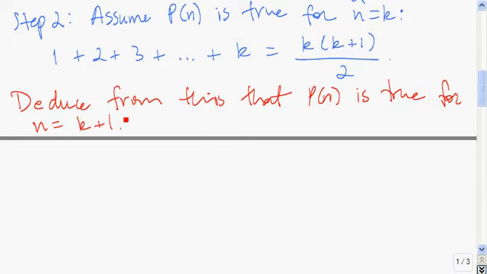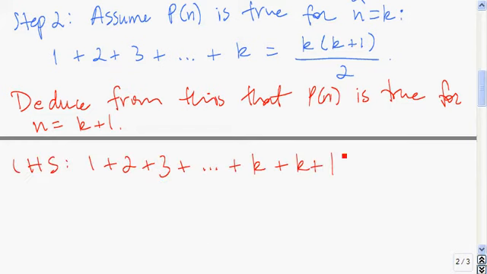Okay, so deduce that this is true, P of n is true for n equals k plus 1, using this as a true statement. So we're going to look at the left-hand side and the right-hand side for k plus 1. So the left-hand side means we add up all the numbers and we stop at k plus 1.